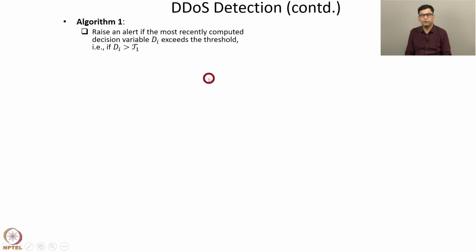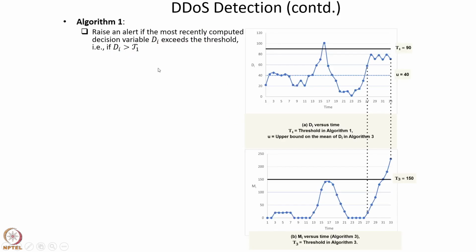In the first algorithm, we raise an alert if the most recently computed decision variable Di exceeds the threshold. That is, if Di is greater than some threshold tau 1. This upper figure shows the operation of algorithm 1. Di is plotted on the y-axis and the x-axis is time. We can see the variation of Di.